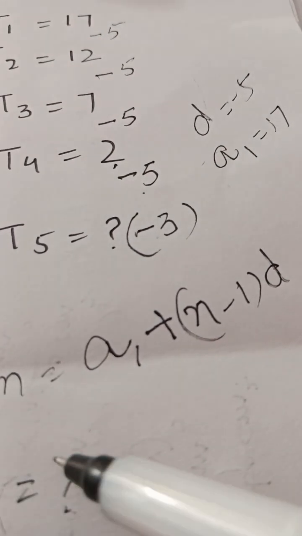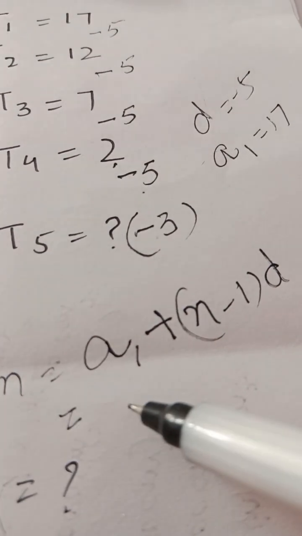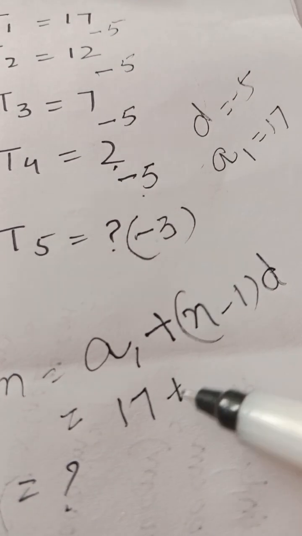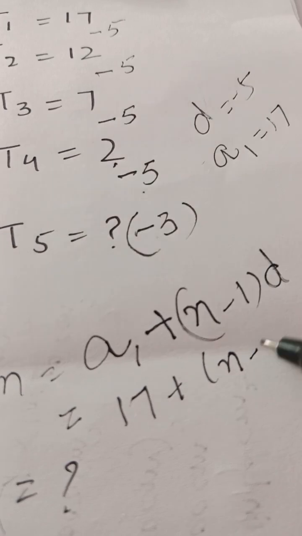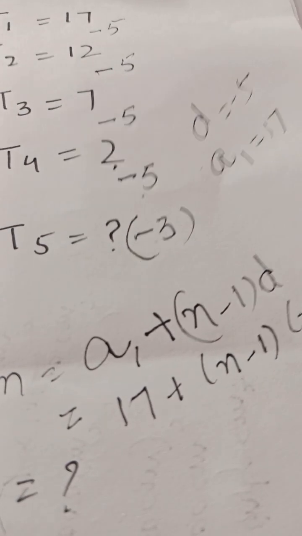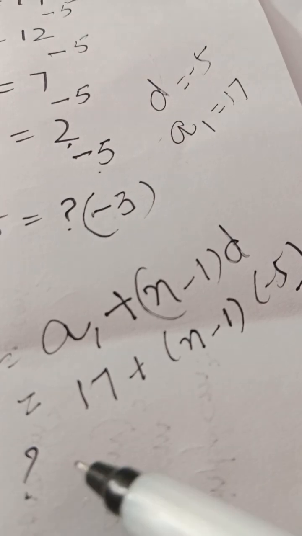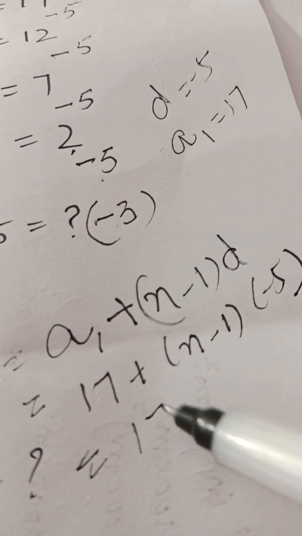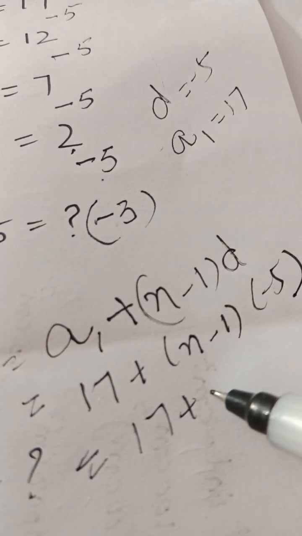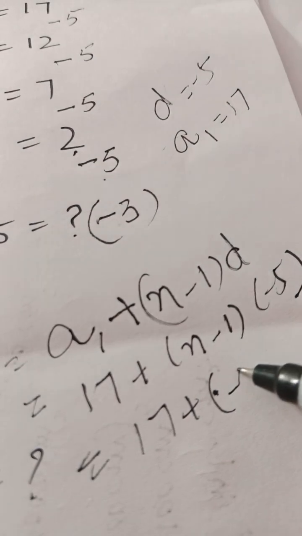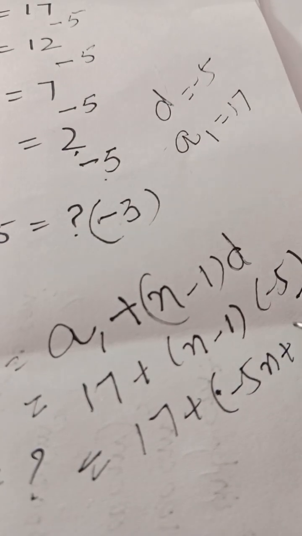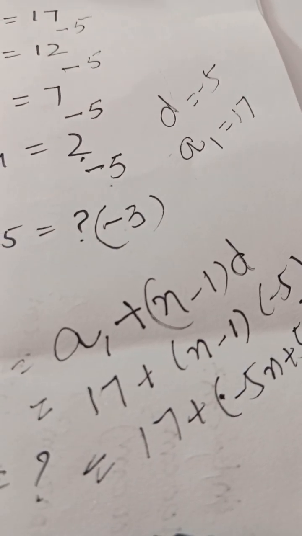So I will put the values here, 17 plus n minus 1, and D is here minus 5. Now multiply minus 5 inside the bracket. We will get 17 plus minus 5n and plus 5. Now open the bracket.